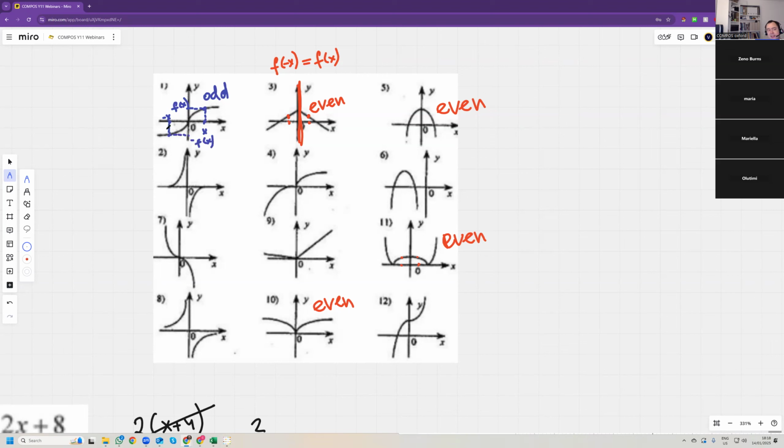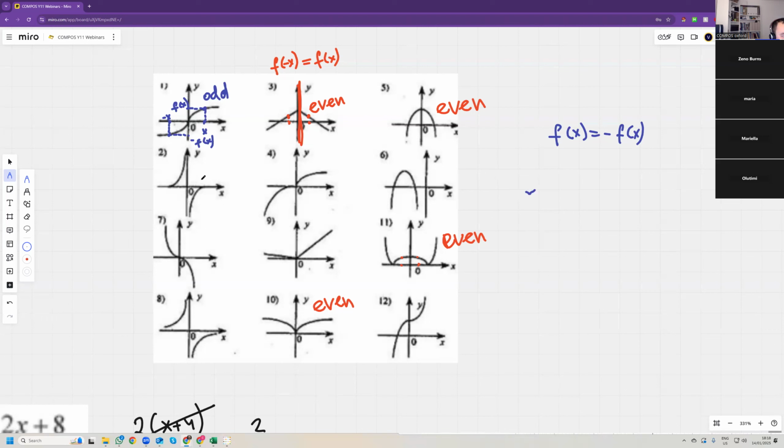And remember, I said it has to be symmetrical, because if it exists on the right, it has to exist on the left. If the point exists on the right but doesn't exist on the left, then this doesn't make any sense. So that's why it has to be symmetrical.